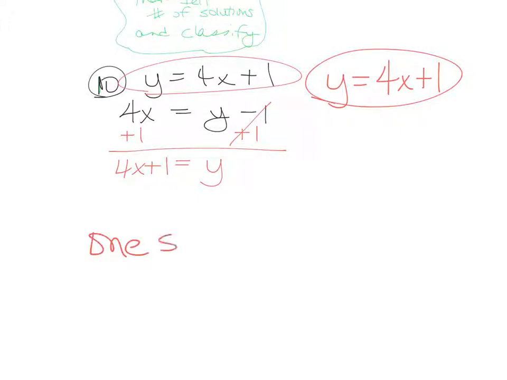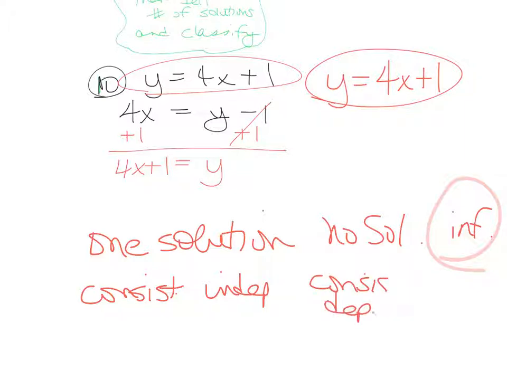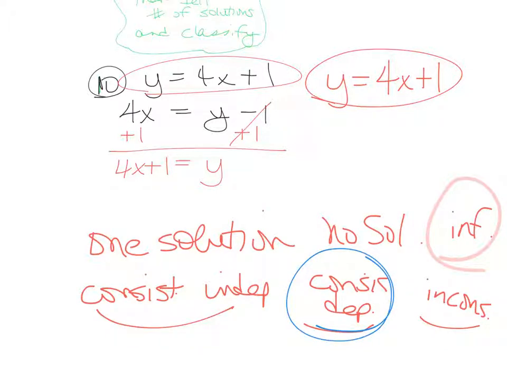First, it'll have one solution, then no solution, and then infinitely many. So when this happened, what's my answer? Infinitely many. Then below that, again, it's going to have consistent, independent, consistent, dependent, and inconsistent. So which one do you pick from these three? When it's consistent what? Dependent, good. And you circle it.